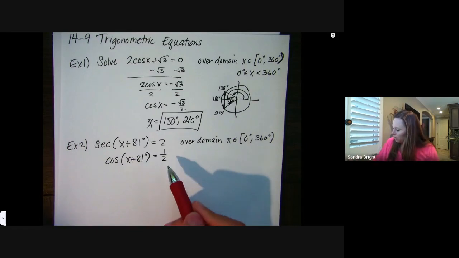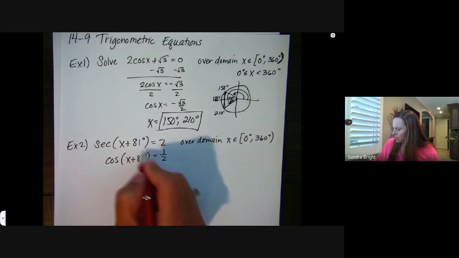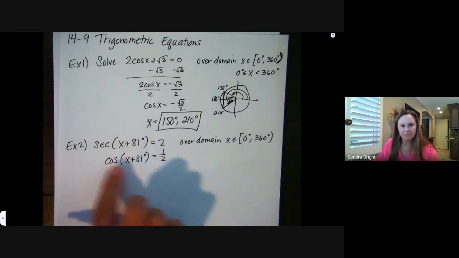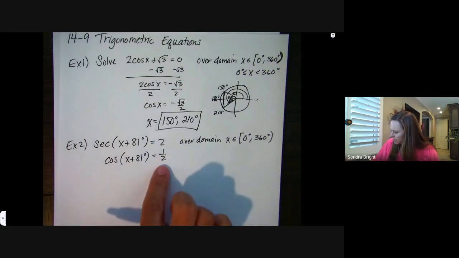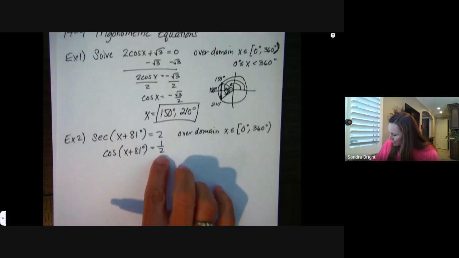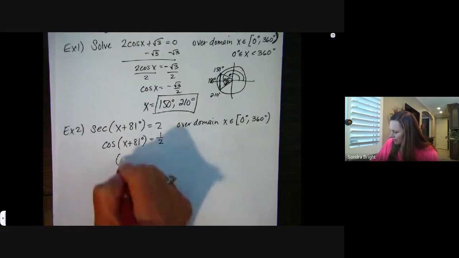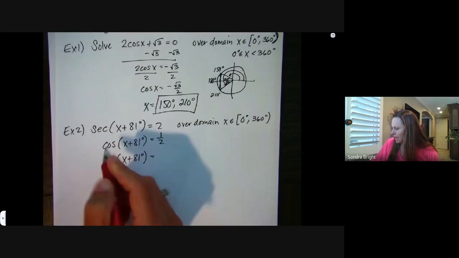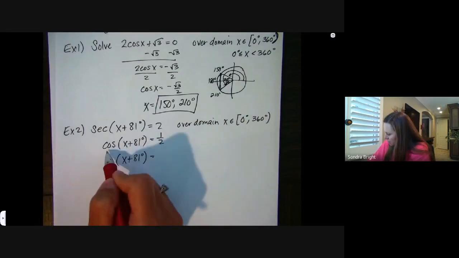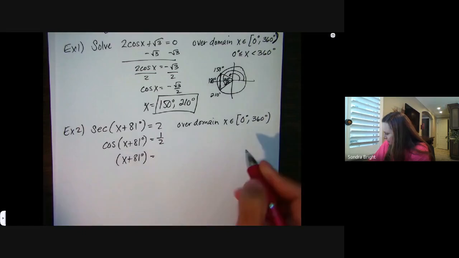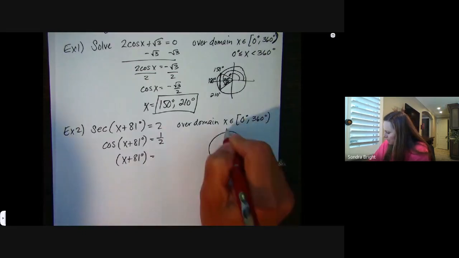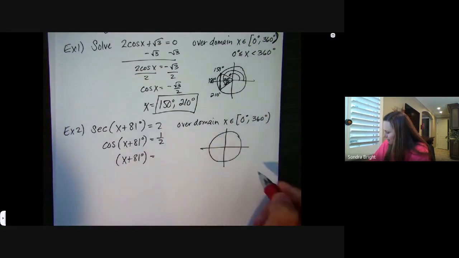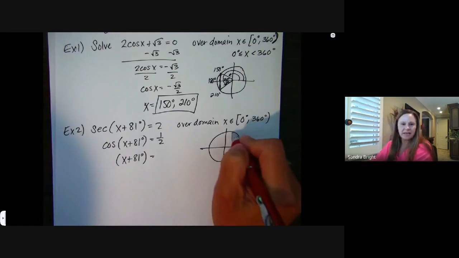All right. Well, this is your angle. I know cosine of an angle is equal to 1/2. I know those are memorized ones. So my angle is still going to be x plus 81 degrees right here. But I'm going to solve for when cosine is equal to 1/2 over this domain of 0 to 360. Well, cosine is positive 1/2 here, because cosine is the x value.